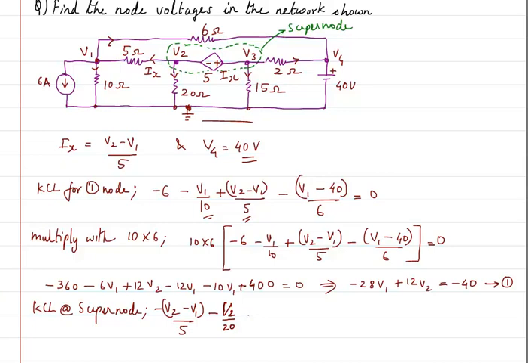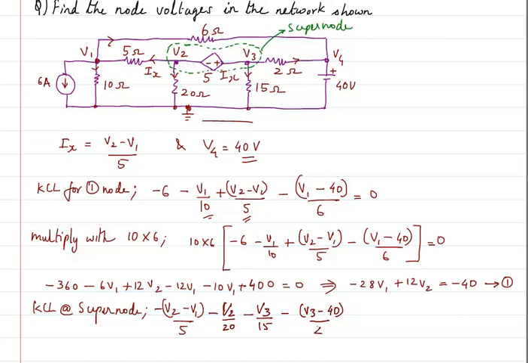The third one, again going outside, is minus of V3 by 15, and the last one is again going out of the node, so it is minus of, within bracket, V3 minus V4. V4 we have already seen is 40 volt. Oh, I made a mistake previously. No, it's all correct. So it is V3 minus V4 divided by 2 ohms.